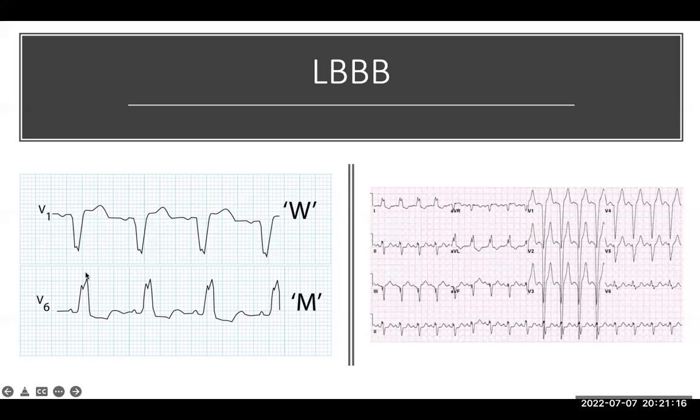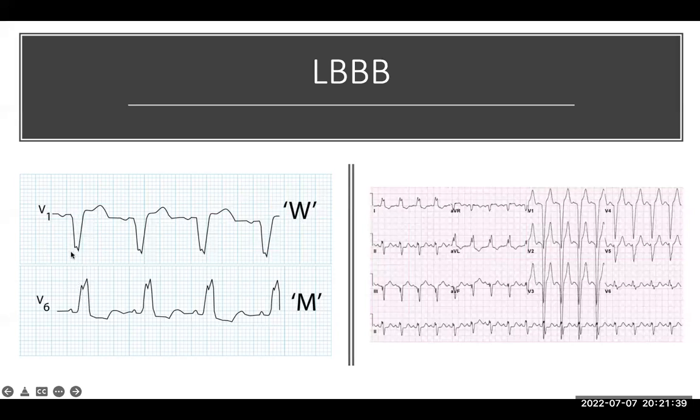Number 2, you will see a notched QRS here. That's why the M pattern. And you remember something called William Marrow. William is for left bundle branch block. It's W because V1 has a notched S wave, while the M is represented by a notched QRS in V6.